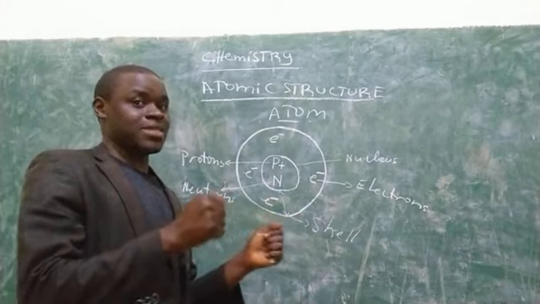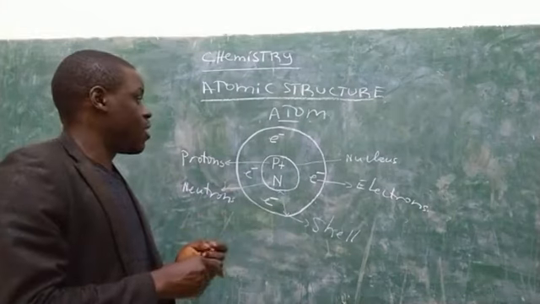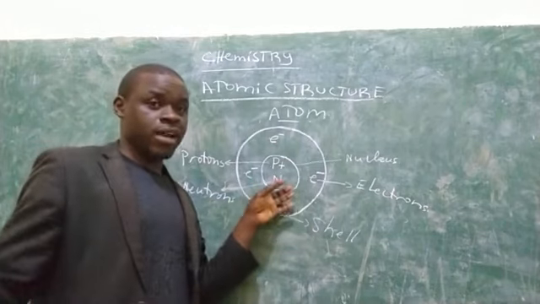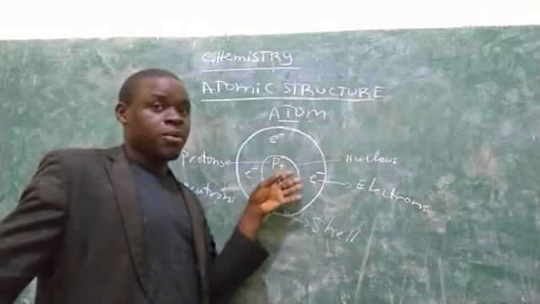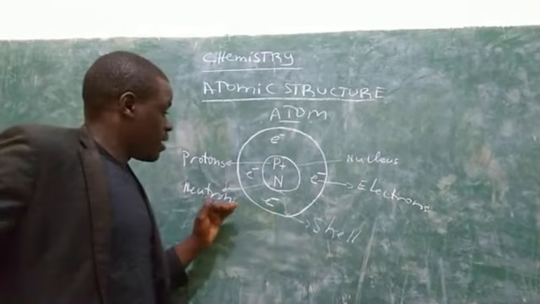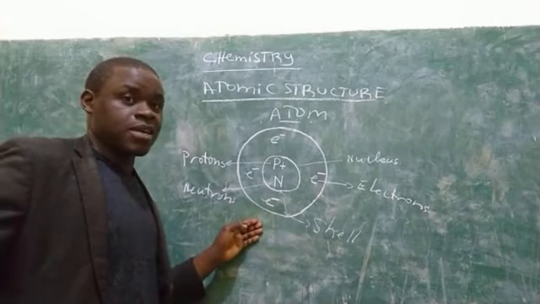It makes it unstable. They shake, because in its nature it has the number of electrons to call it a stable atom. So generally, this is the introduction to atomic structure.